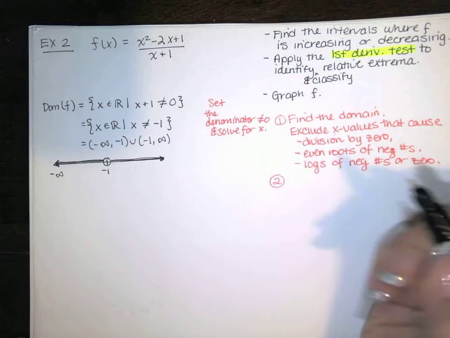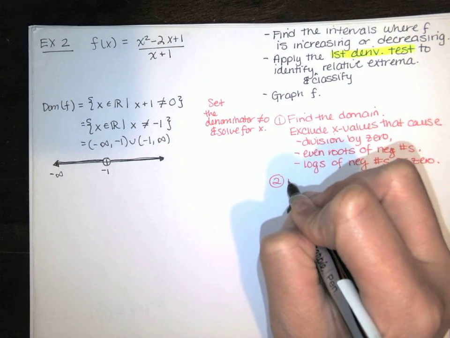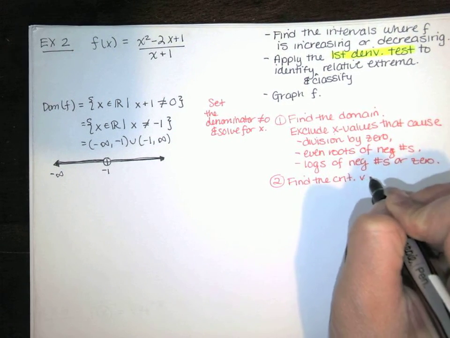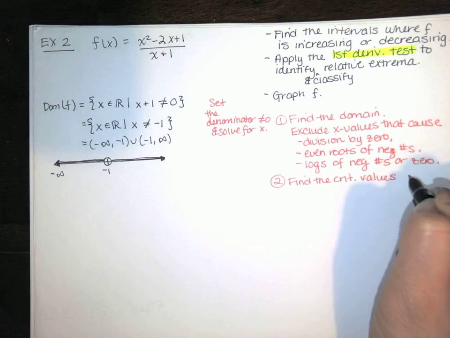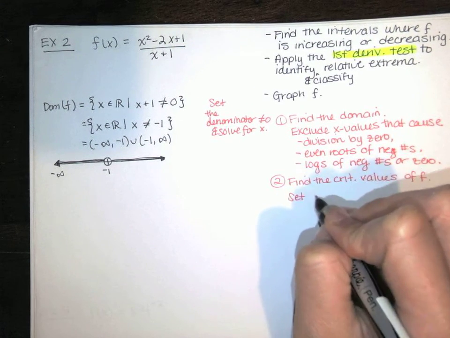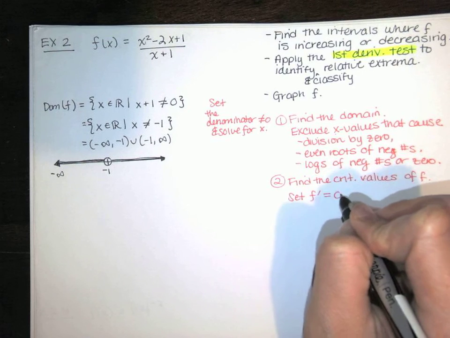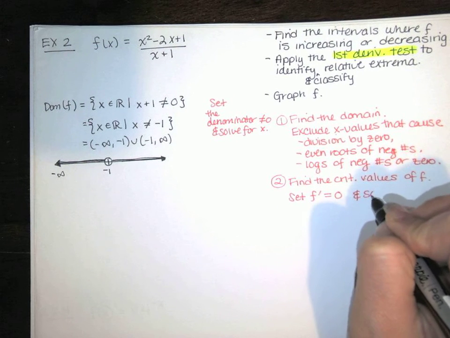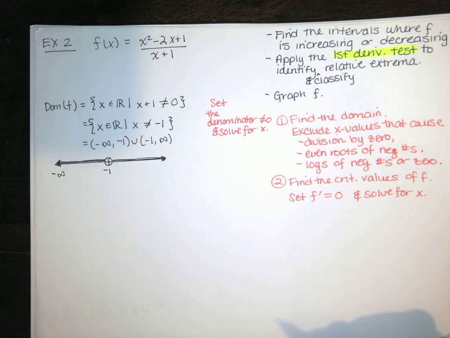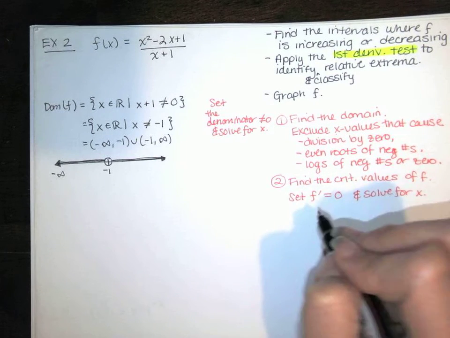Okay, so we found the domain, and now we want to find the critical values. Critical values or critical numbers, same thing. And the way you do that is you set f prime equal to 0 and solve for x. So those are places where the slope of the graph is 0. And then consider x values in the domain where f prime is undefined.